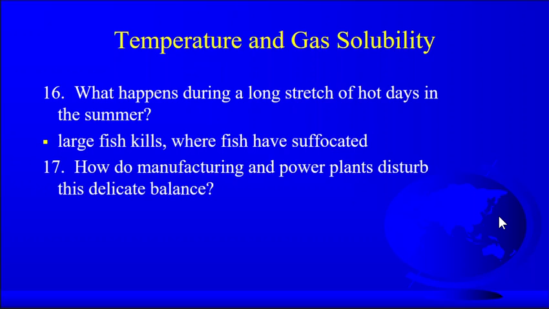How do power plants disturb this delicate balance? Environmentalists do not like nuclear power plants. You know why? In order to cool down the nuclear power plant, they suck up water from the river or lake.